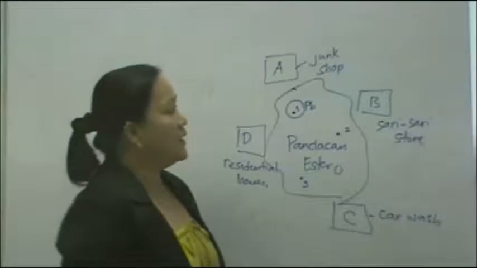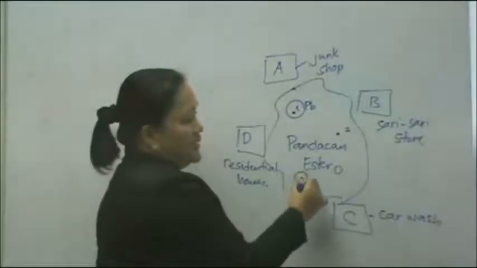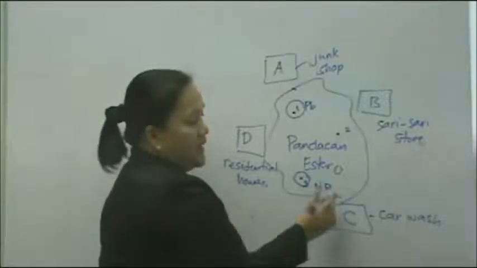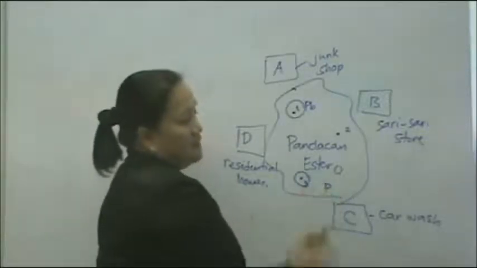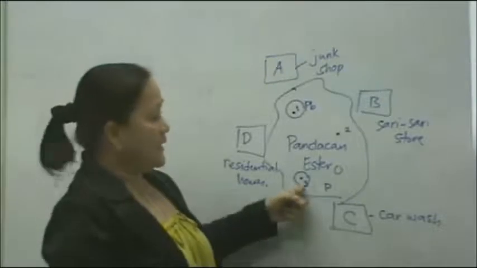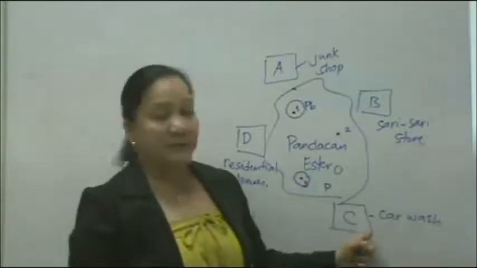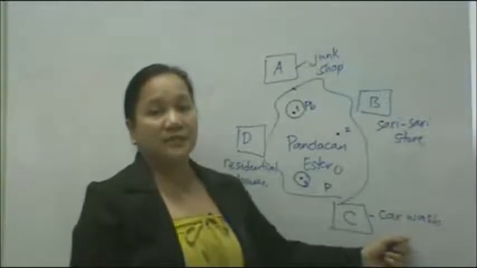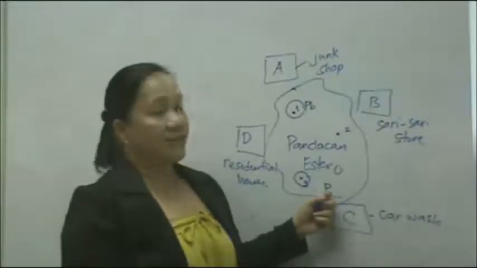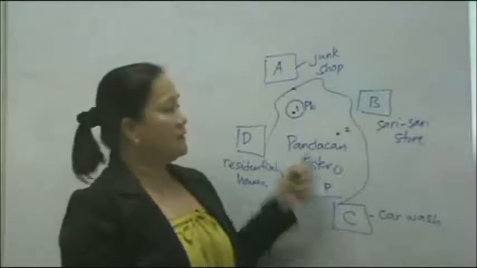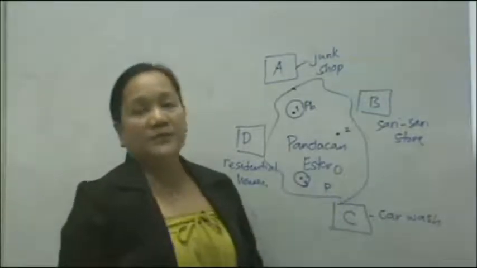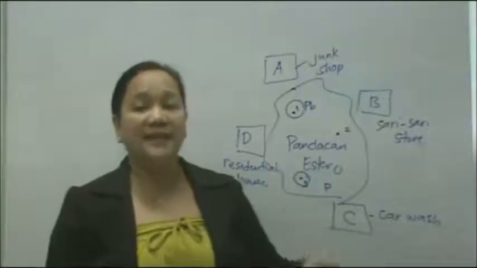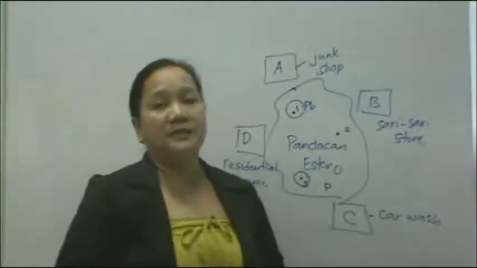In the same manner, if you find that sampling point 3 is rich in N or P, let's say P, that would be explained by the car wash, because the car wash would be utilizing detergents that contain phosphates that would run off to the Pandacan Estero. So there is no problem with point source pollutants because you can identify the source.